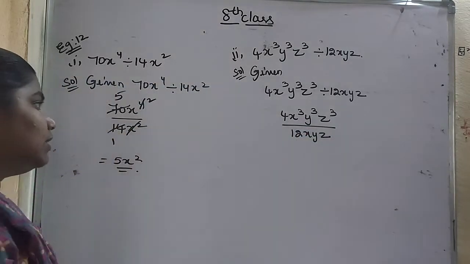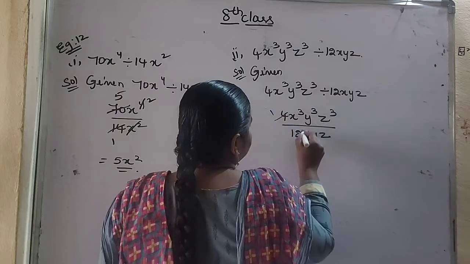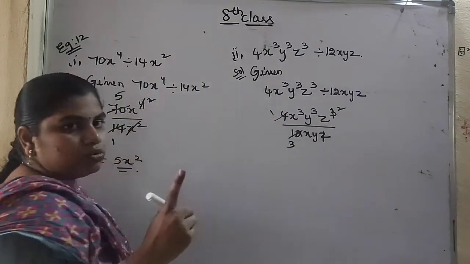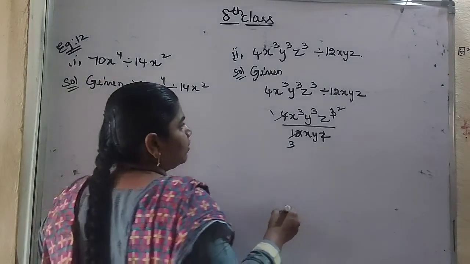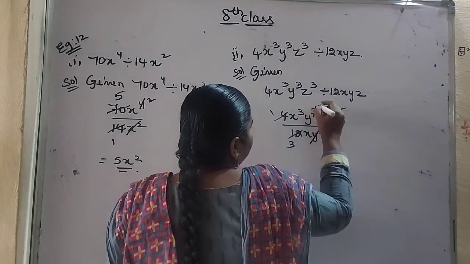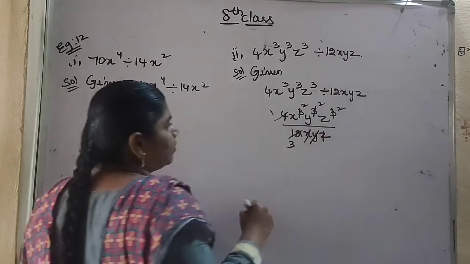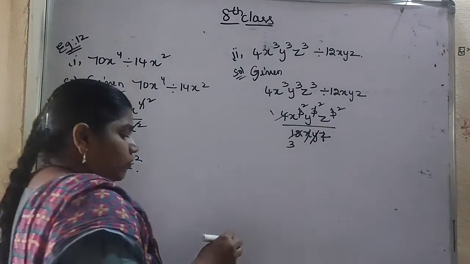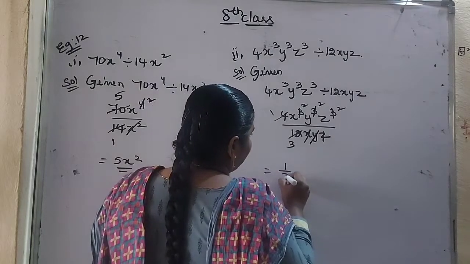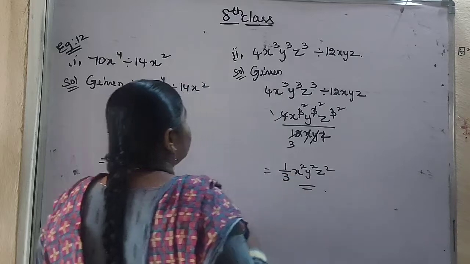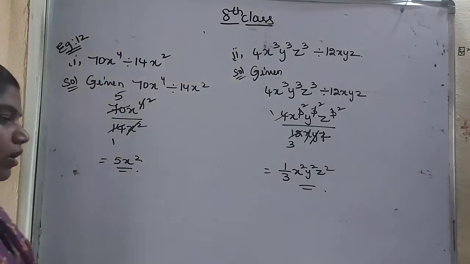Now we can cancel this. So here 4 ones are 4, 4 threes are 12, z will be cancelled, z square is remaining, y is cancelled, y square is remaining, x will be cancelled, that means x square is remaining. So what is the result here? The result is 1 by 3 x square y square z square. So this is our example number 12.